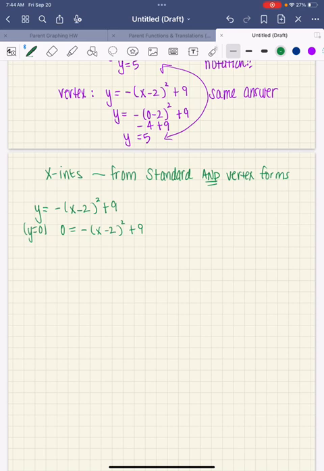Subtract 9 from both sides. Divide by negative 1. Or multiply by negative 1, whatever. So that gives you 9 equals (x minus 2) quantity squared. Do not multiply that out.